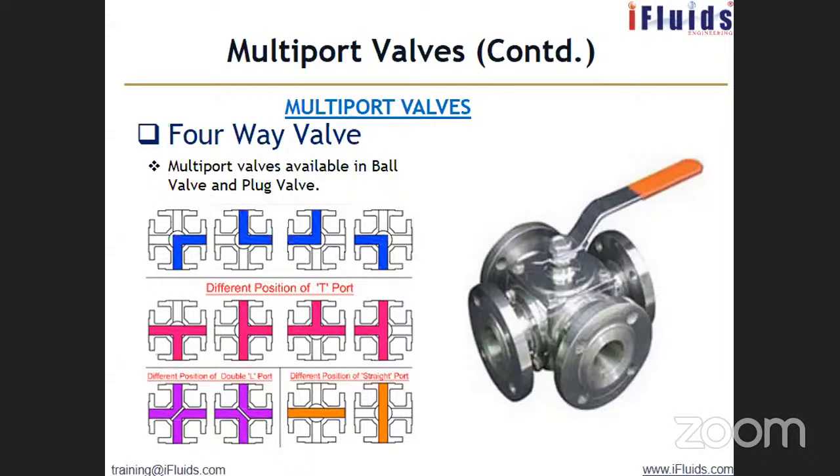As I told earlier, this kind of multi-port valves are used when you have two equipment operating in parallel and both in different modes of operation. So you want to divert the main flow to one vessel and send another stream to the second vessel. A typical example is the air dryer used in the instrument air plant. The adsorbent in one absorber will absorb moisture from the air, so that is under adsorption section.